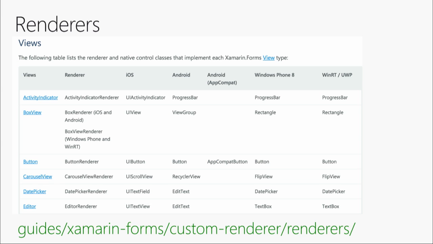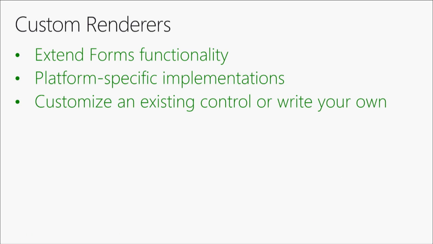What does it do? A renderer might just say, give me the native control on this platform, like an iOS button or an Android button, and this is what most of the built-in renderers in Forms do. But the cool part about Xamarin Forms is that you can add to this.